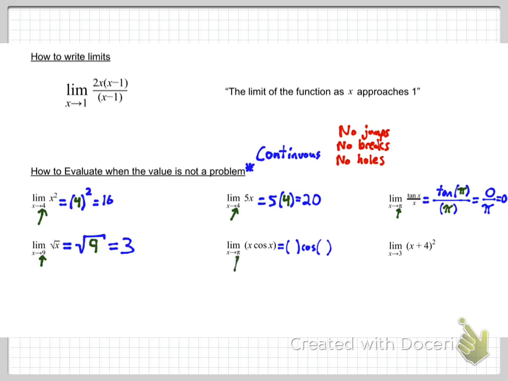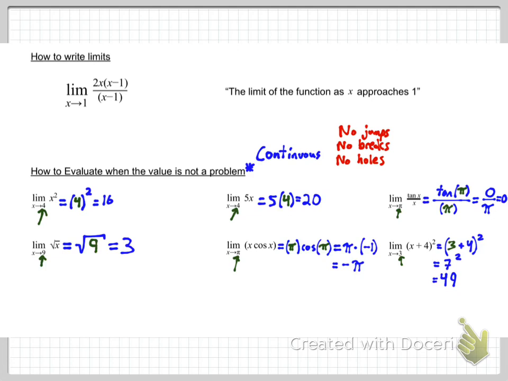All right, so right here, the limit as x approaches pi of x times cosine of x. You plug in pi here, cosine of pi is -1, so we get negative pi. And the last one here, there are no breaks or jumps in our parabola, our quadratic function, so I'm just going to plug in 3, and we get 7 squared, which is 49.